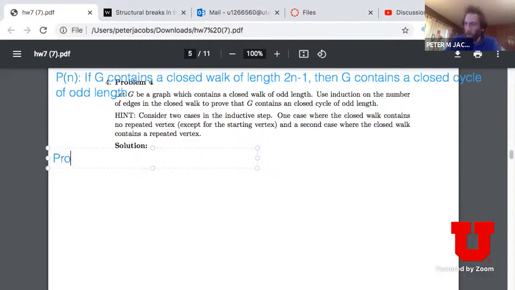How do we do that? The statement is that if G contains a closed walk of length 2 times 1 minus 1, so a closed walk of length 1, then G contains a closed cycle of odd length. So does anyone have in mind how to prove P of 1?